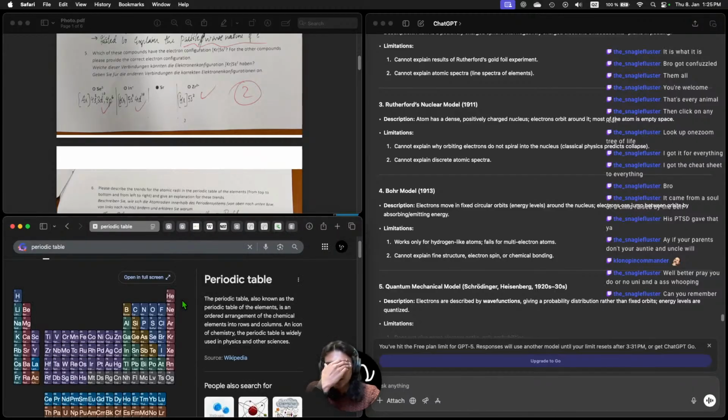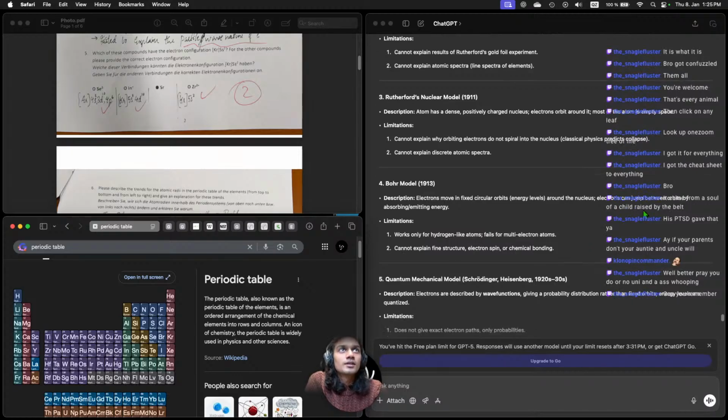Okay, come back to Bohr. Electrons can move in fixed orbitals, energy levels around the nucleus.